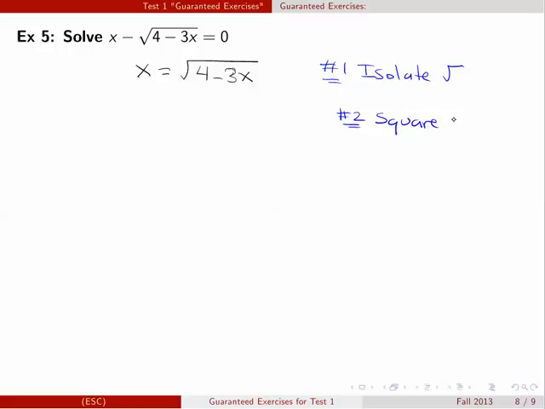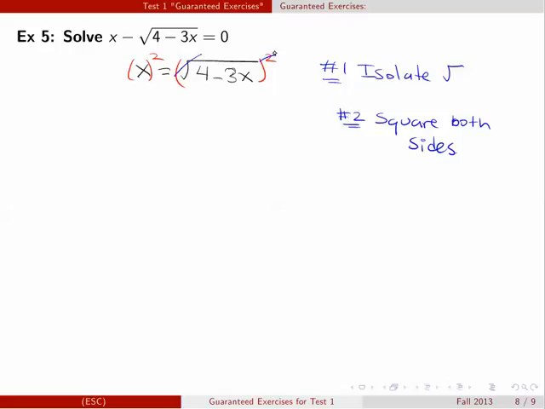Basically we square both sides. So take both sides, square, and this will cancel the square root.